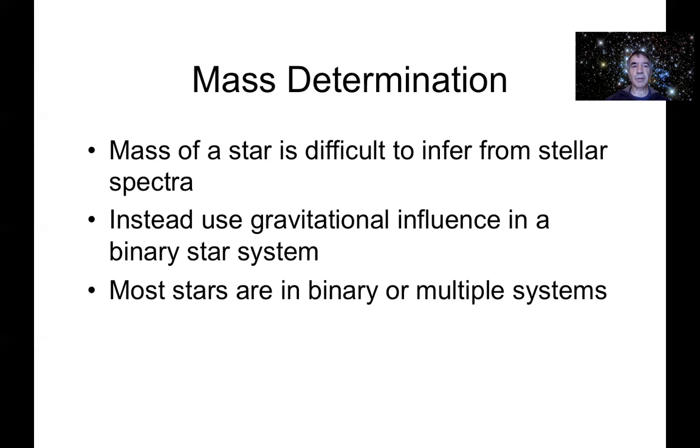Although I've been telling you that our sun is a very average star, the one thing that is not so average about it is that it is actually a single star and not a binary. For stars like the sun, about 60% are in binary systems, and 40% are like the sun and single. But it's the binary systems that allow us to measure the mass, as we shall see.